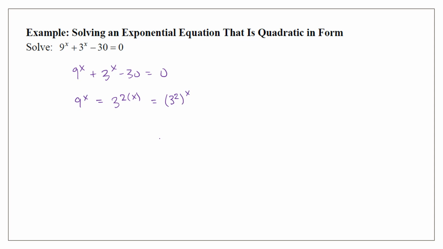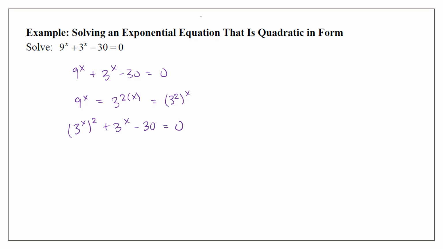Knowing that, I can rewrite 9^x in my equation as (3^x)^2 + 3^x - 30 = 0. Okay.